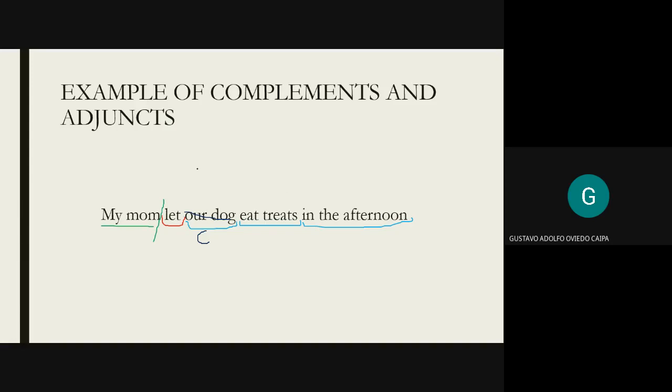Let what? In this case, let our dog, or let me, or let my sister, but this verb let needs a complement. It needs an object. So in this case, our dog is a complement.